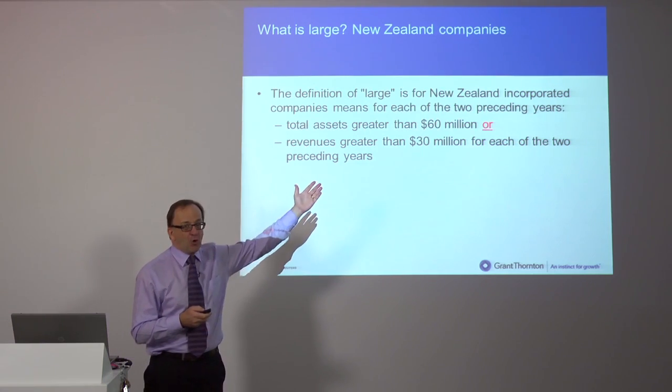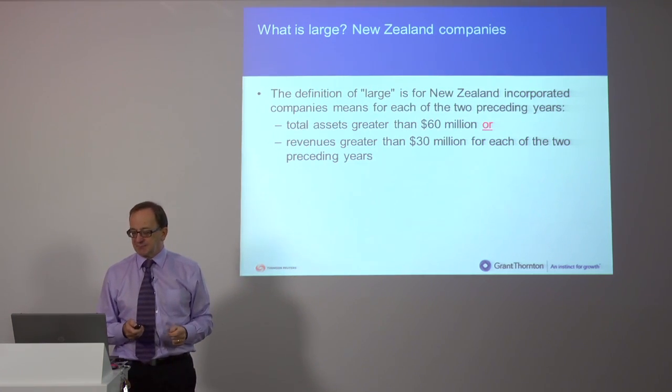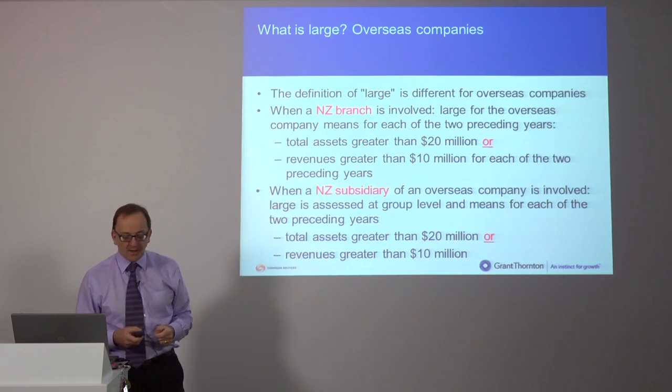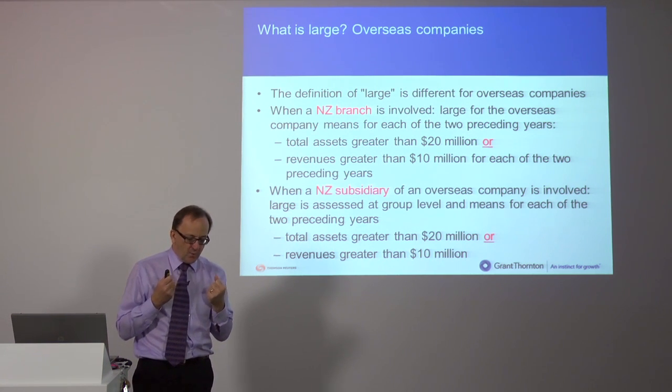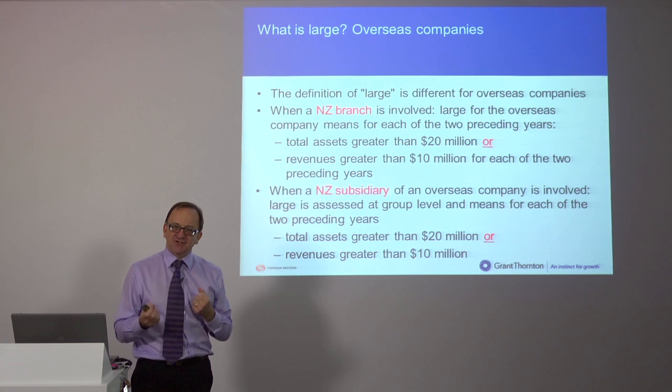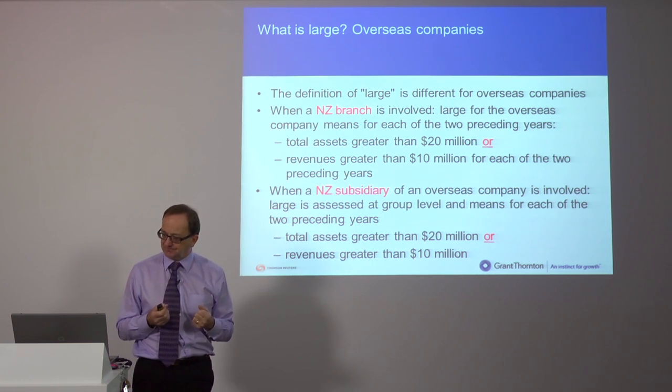Is that entity caught? And the answer is yes, categoric. The or in that phrase is really important. And then the significance of large really becomes important in terms of when looking at who actually owns the operation.